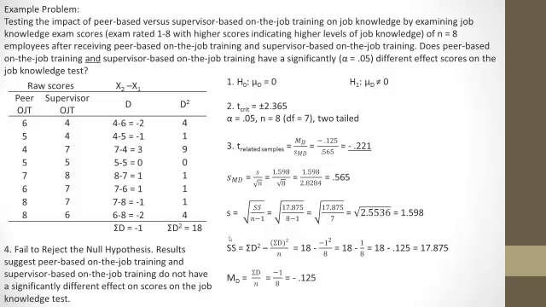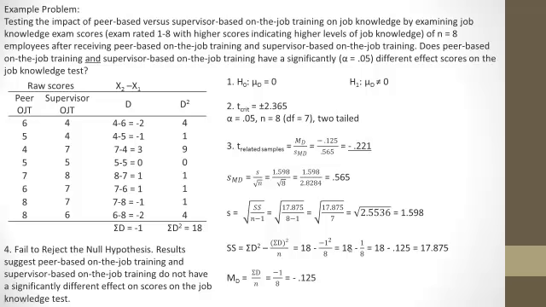Then when you do the sum of squares, it's just an overall measure of the differences while getting rid of those negatives by squaring things. So the sum of d squared, you take each difference score, square it, add those together, you get 18, minus just the sum of d, -1, squared, divided by the sample size of 8.